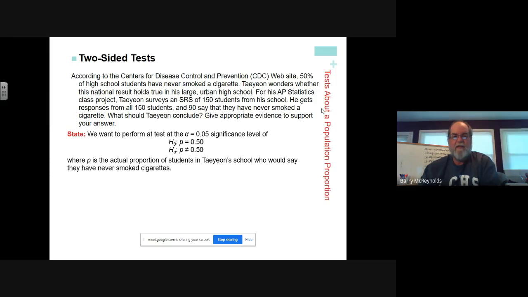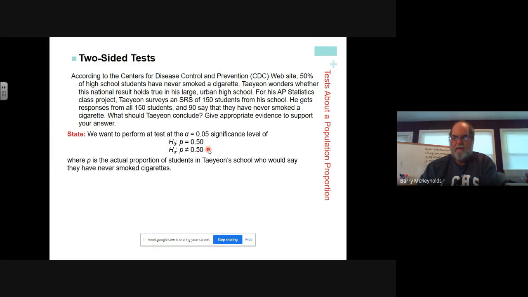So in this case, all we want to know is whether 50% of students would say they've never smoked a cigarette. So the null hypothesis is the proportion is equal to half. The alternate is that it is not equal to half.